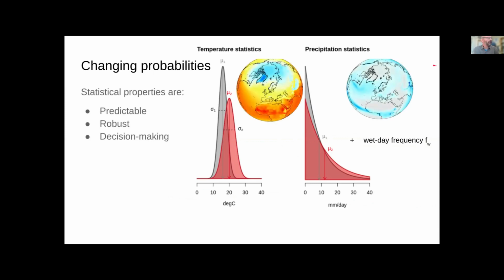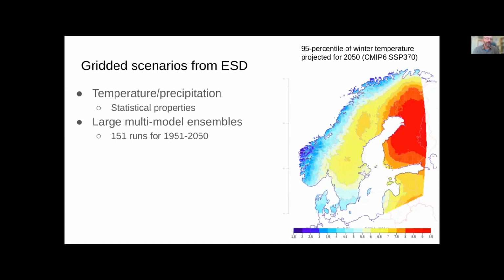And again, both of these have predictable patterns, so they are predictable and also fairly robust, and they are very useful for decision making. So here's one example, where I show temperature, but I also could show precipitation, where we show statistical properties that we have gridded and made a map from empirical-statistical downscaling, ESD here.